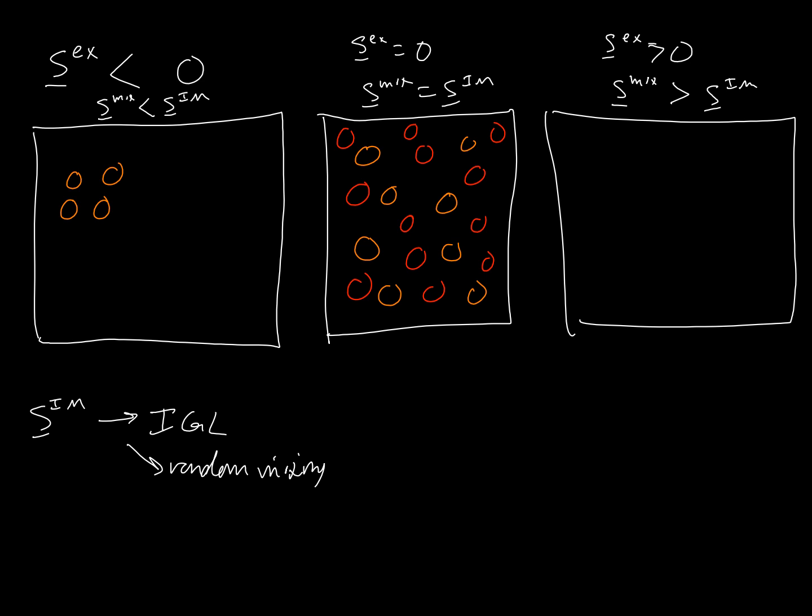We would have some regions with preferential organization of one type around another. It's still a multi-component phase, so there's still mixing on a macroscopic level. But this totally makes intuitive sense. We have less than ideal mixing.